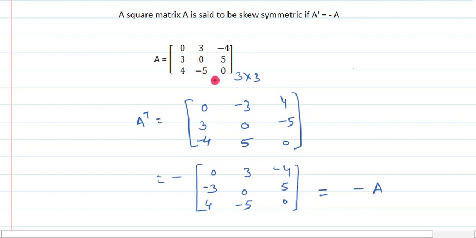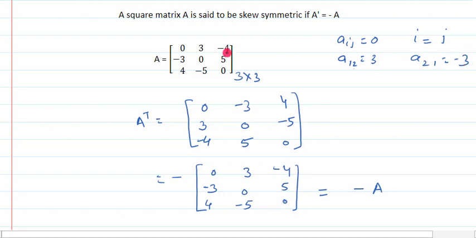Now let us observe how we have written this matrix. You observe that all the diagonal elements are 0. Means for a skew symmetric matrix we should have Aij equal to 0 when i is equal to j. And the second thing is, A12 is 3, A21 is minus 3.